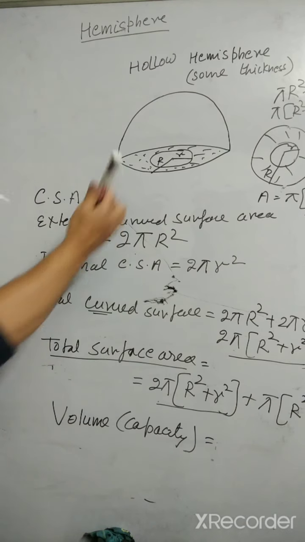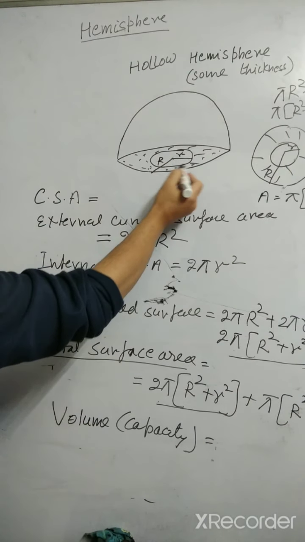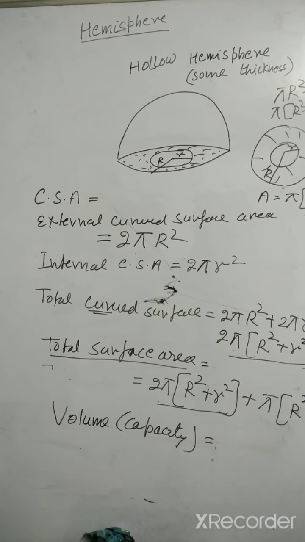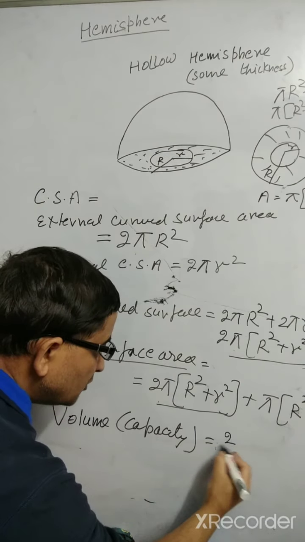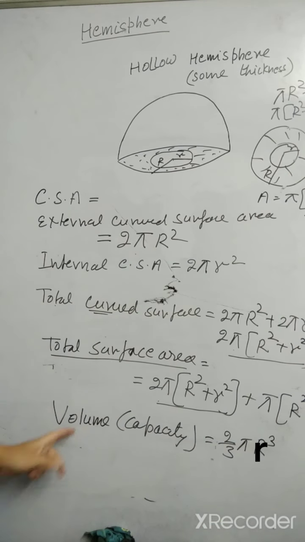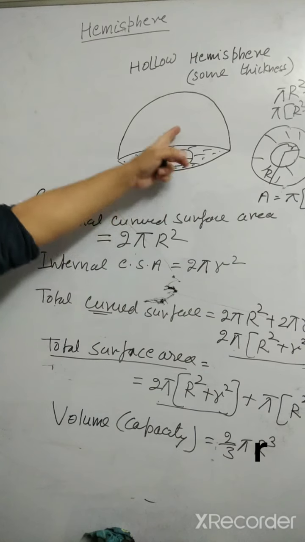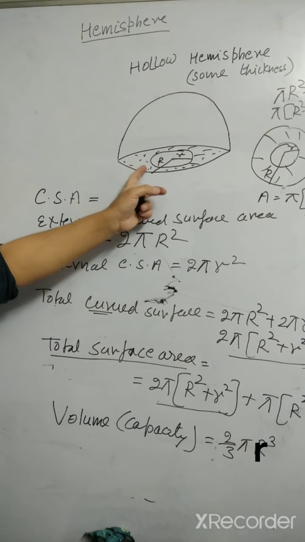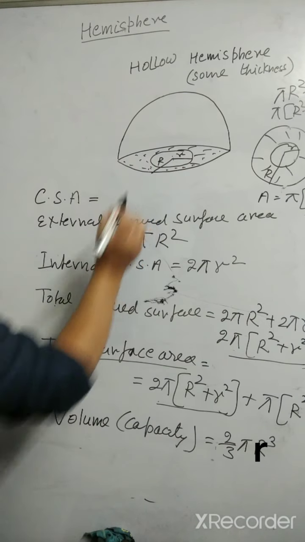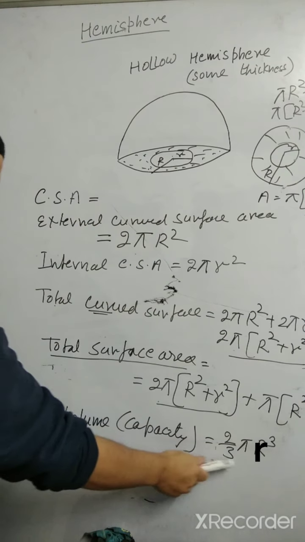So that will be equal to the volume of the inner hollow part. It's a hemisphere, so its volume will be how much? 2 upon 3 pi r cube. So this will give you the capacity of this hemisphere, that is, how much fluid you can fill inside it. That is equal to 2 upon 3 pi r cube.